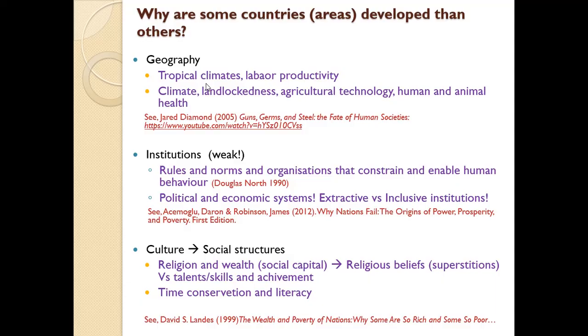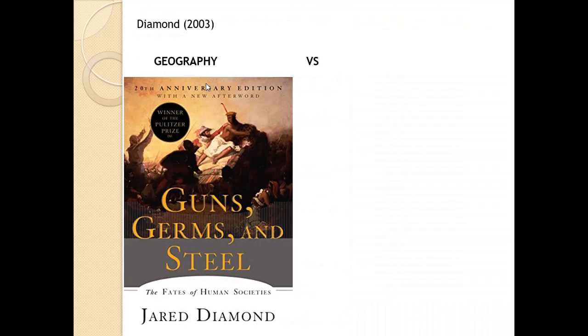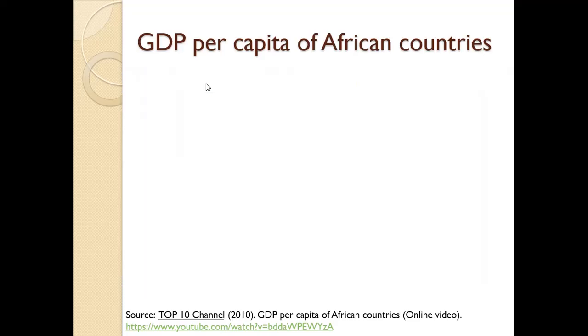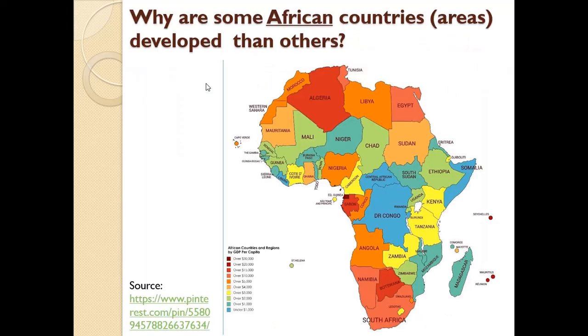Also, Jared Diamond says geography. In this case, when we're looking at geography as a point of why some countries are developed, others are not, the countries that are on the coasts are more developed than the countries that are within the inner continent.